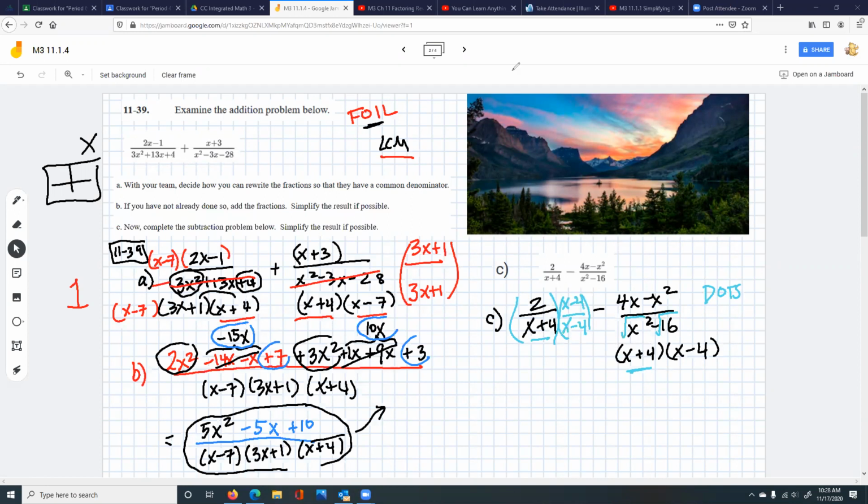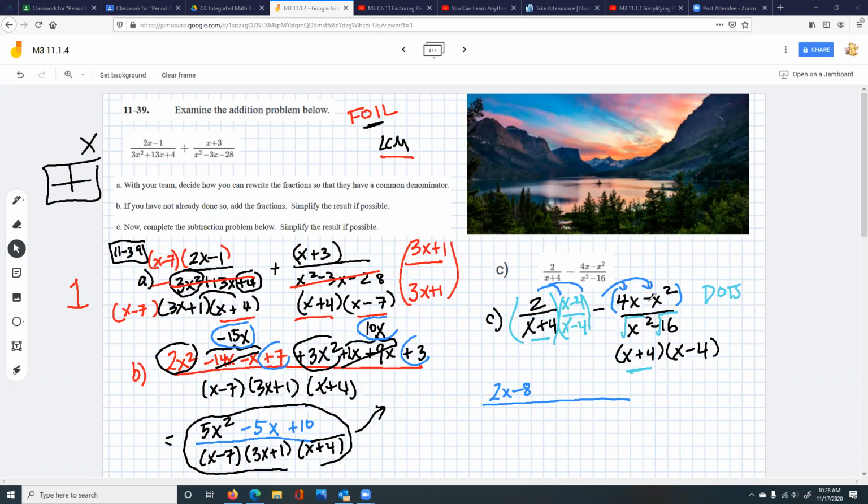Okay, so we're going to take this 2 and distribute it with the x minus 4. 2 times x minus 4 is 2x minus 8, right? And then here's the tricky thing. When you have a subtraction problem, you have to multiply it by everything. You have to distribute this negative. It's a negative, and you have to distribute it to both of them.